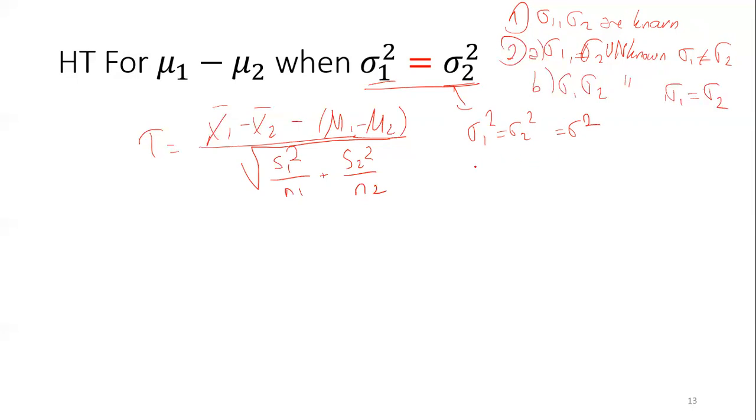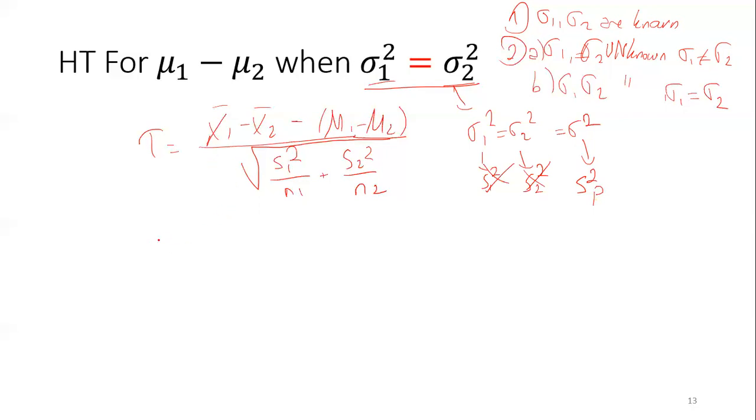So I have S1 squared, which estimates sigma 1 squared, and S2 squared, which estimates sigma 2 squared. I don't need two estimates because I only have one sigma. I will just use a single estimate for the single variance, which I will call the pooled estimate. So this is the pooled estimate of two populations.